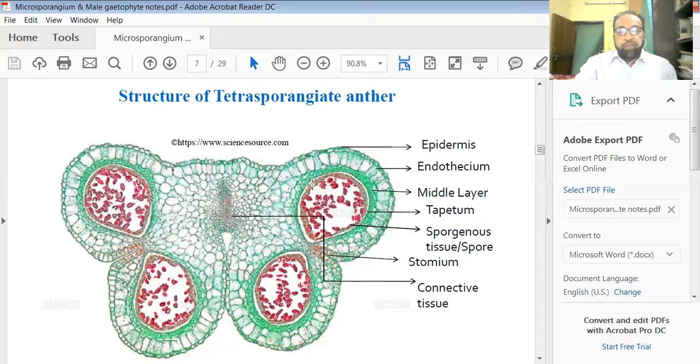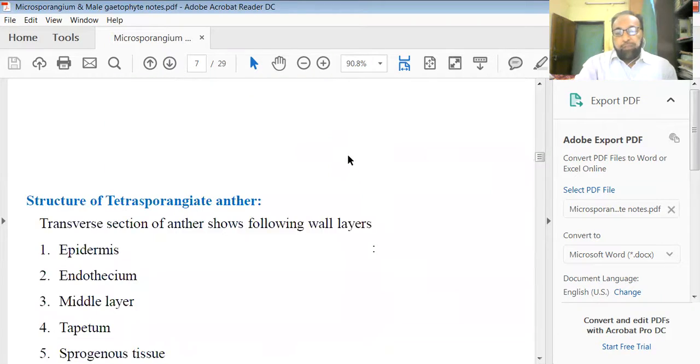What happens when this pollen sac matures? It means that the pollen grains develop there. Then pressure increases from the inner side, and due to this increasing pressure, the anther wall ruptures and the pollen grains go outside. Inside it, the tetrad spore mother cells are present, and these are called the sporangium.